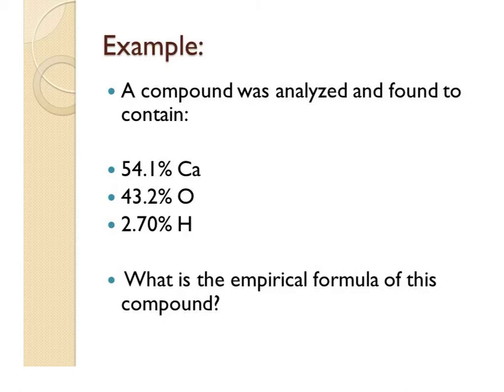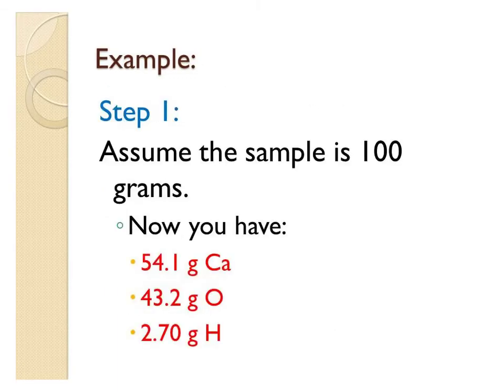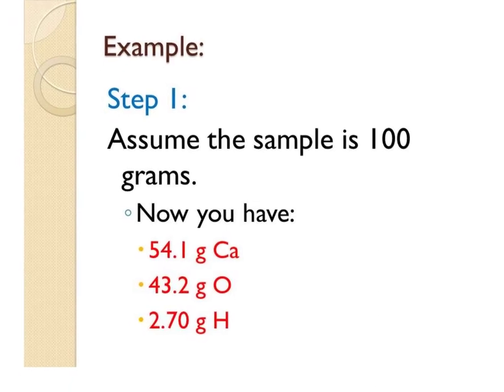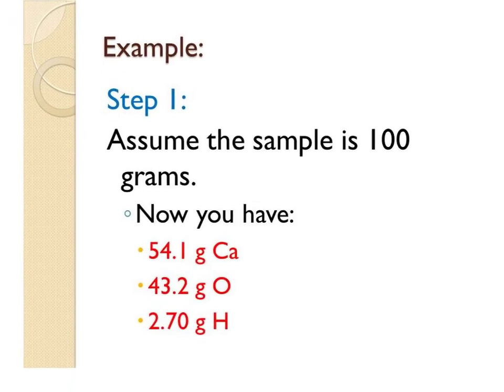Okay, so the first example we have for empirical formulas is: a compound was analyzed and found to contain 54.1% calcium, 43.2% oxygen, 2.7% hydrogen. What's the empirical formula of this compound? Our first step in this example is to assume that we have a 100-gram sample, so all of those nice percentages we just found now become grams.